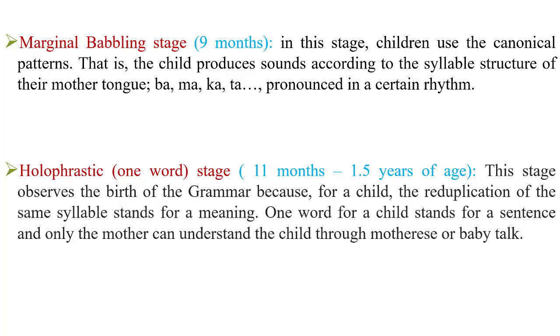So at this stage, we have the reduplication of the CV that we have in the marginal babbling stage. So ba and ma, for example, ka and ta, are doubled. In the holophrastic stage, we have baba, mama, kaka. So we have the reduplication of CV, consonant and vowel.